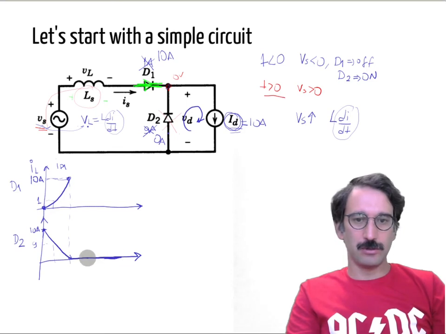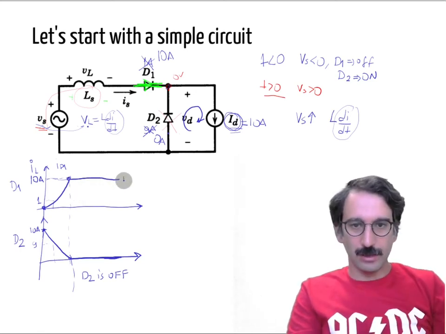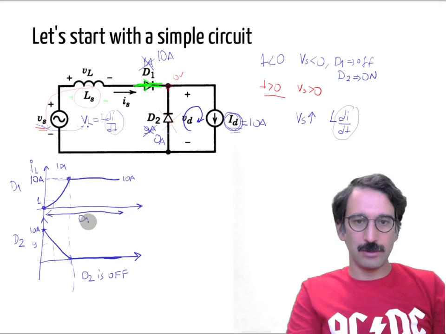After that point, of course, D2 cannot go negative, so D2 is off, and D1 will stay constant at 10 amps, and all that region is where D1 is on.